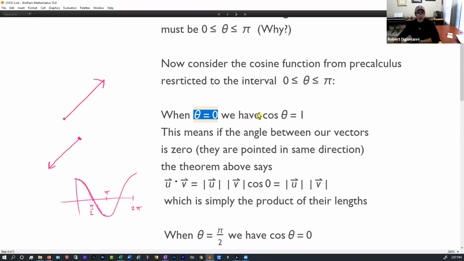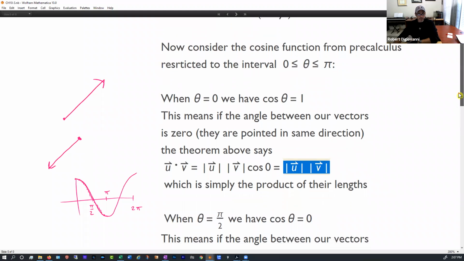Then cosine of 0 is 1. You can tell from the picture. So this formula just becomes u dot v is equal to the magnitude of u, magnitude of v, cosine of 0, which is 1. So it's just the magnitudes multiplied together. If the two vectors are pointed in the same direction, then the dot product is just the magnitudes multiplied.